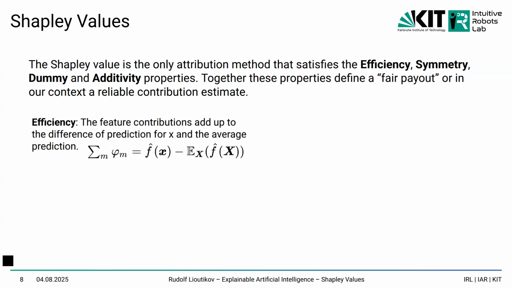What it literally says is that the sum over all features of the payout has to match what we overall would get, or how we perform against the baseline, the baseline being the average. So how much better we are than just the average on this x has to match the sum of the Shapley values of the individual features.